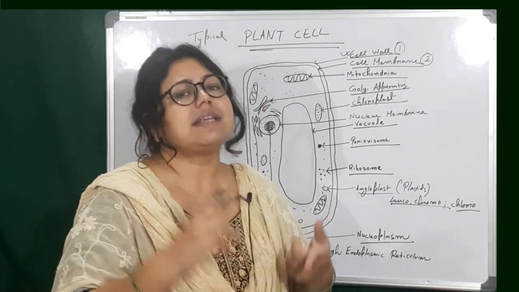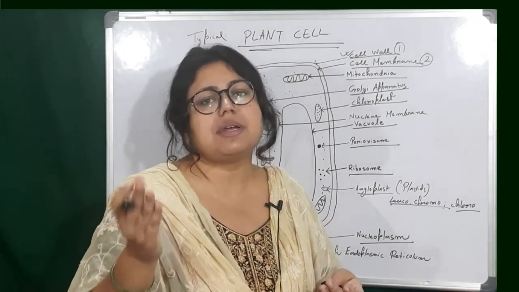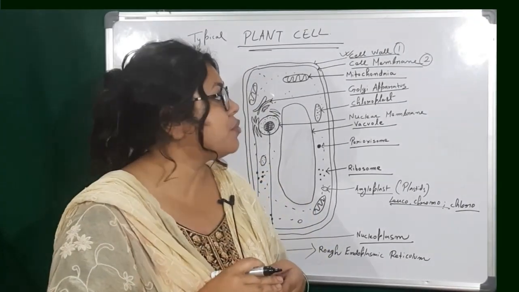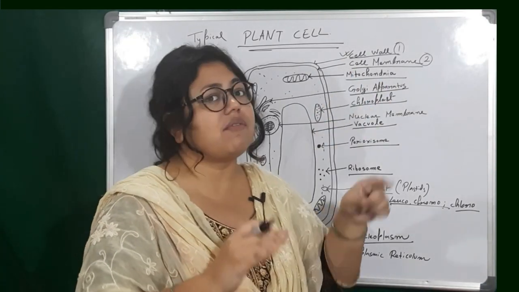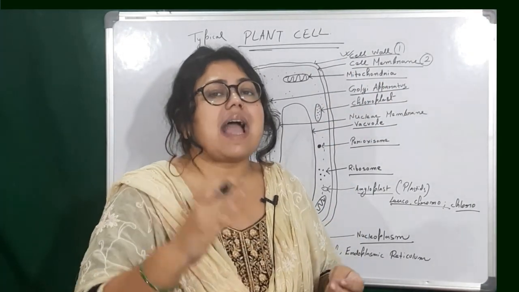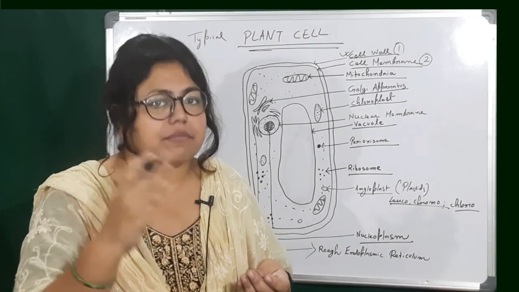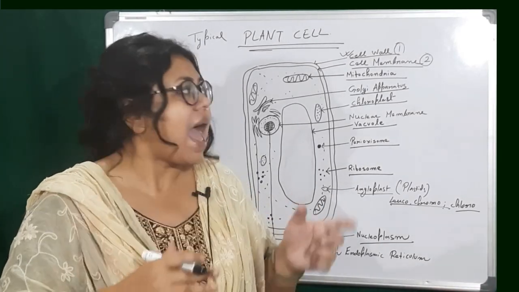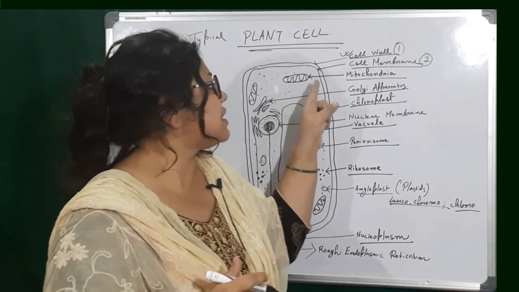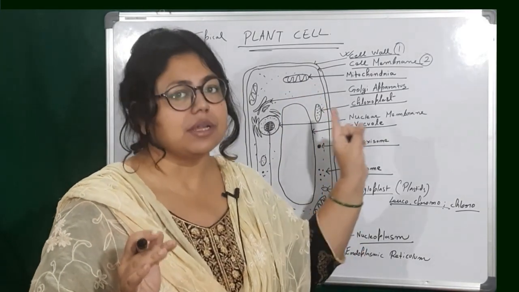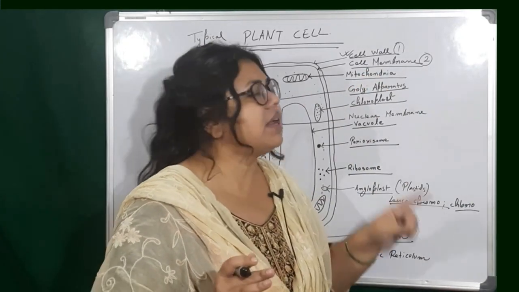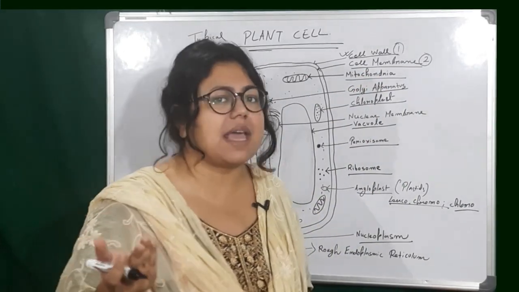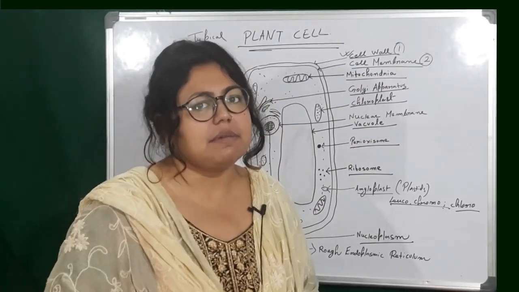As you know, it allows certain substances to pass through it and doesn't allow the rest to pass through. It is also a porous membrane, so it acts as a transport medium. Things can go in, go out, and it also builds a separation from other units, right? So this is the cell membrane. The functions of the cell membrane are the same as in the animal cells.